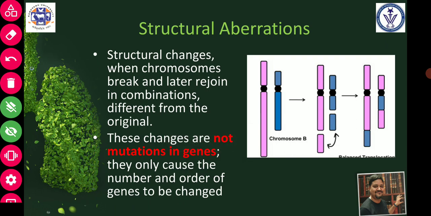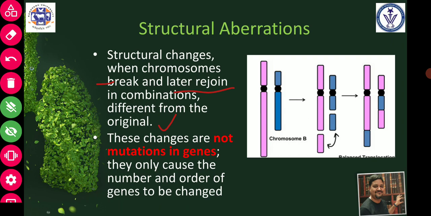Now, how does this structural aberration arise? First there will be a break in the chromosome, and after that they will rejoin. They may rejoin in a different combination or in a different orientation, and that will lead to structural chromosomal aberration.